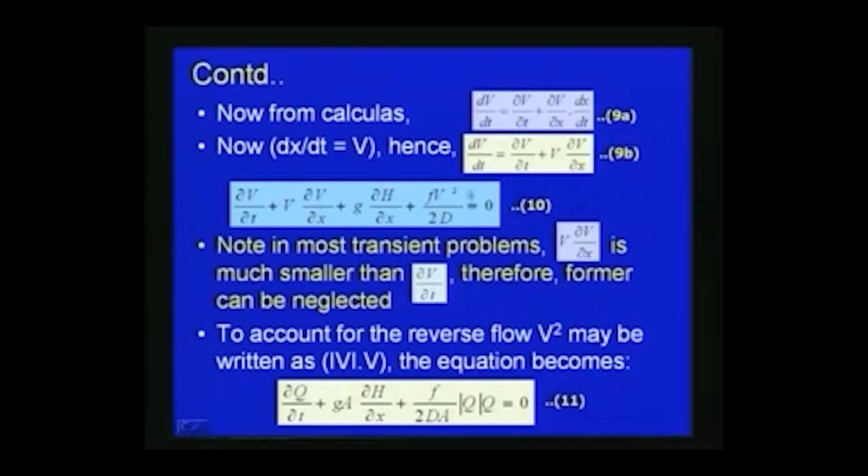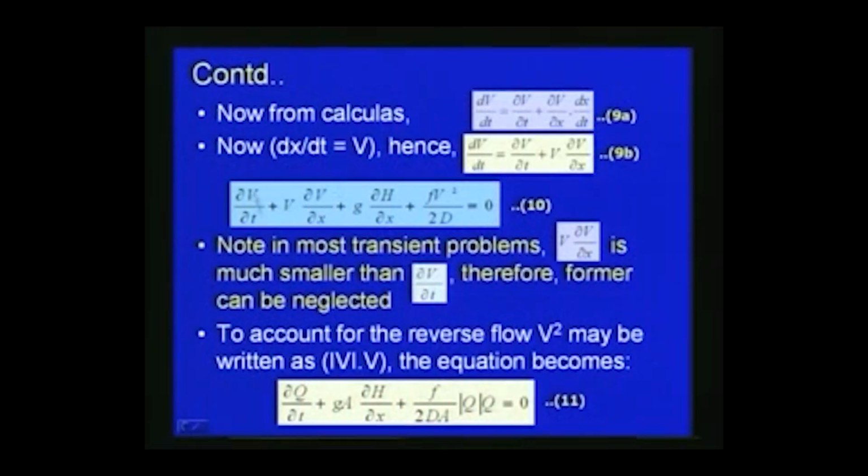Finally, equation number 10 we can write as del Q by del T plus g into A into del H by del X plus f by 2D A into modulus Q into Q is equal to 0, as in equation number 11. So, this is the dynamic equation with respect to the unsteady flow or the transient flow through the closed conduits or the pipelines.